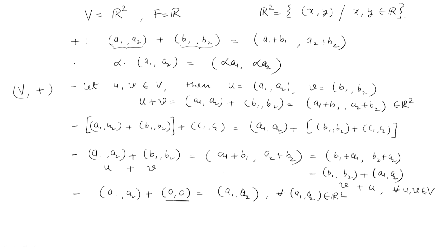That means we have shown the existence of the identity element, and the inverse of any A1 A2 is minus A1 minus A2, which is again in R2. Inverse means if you add these two, it is equal to 0 0. So, we have shown all the 5 properties with respect to addition. That means V with respect to plus is an abelian group.